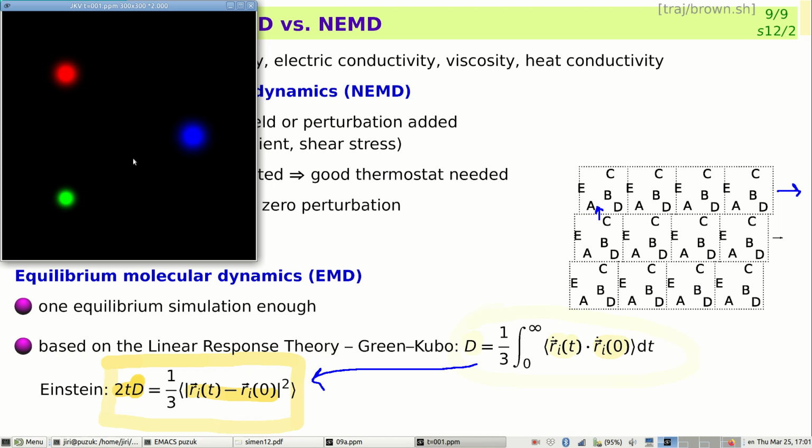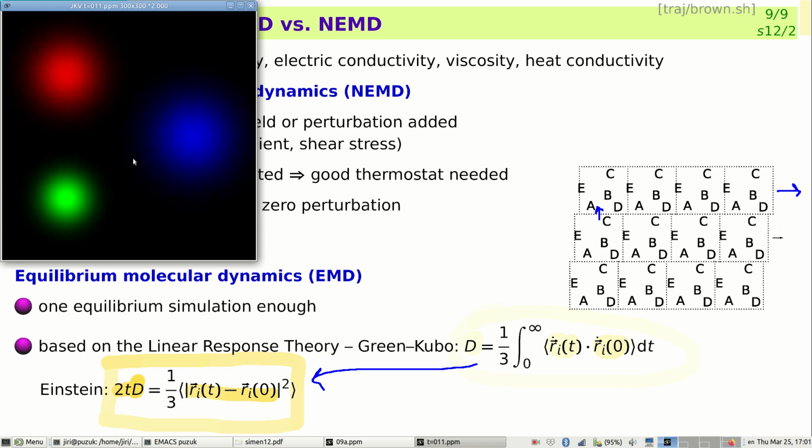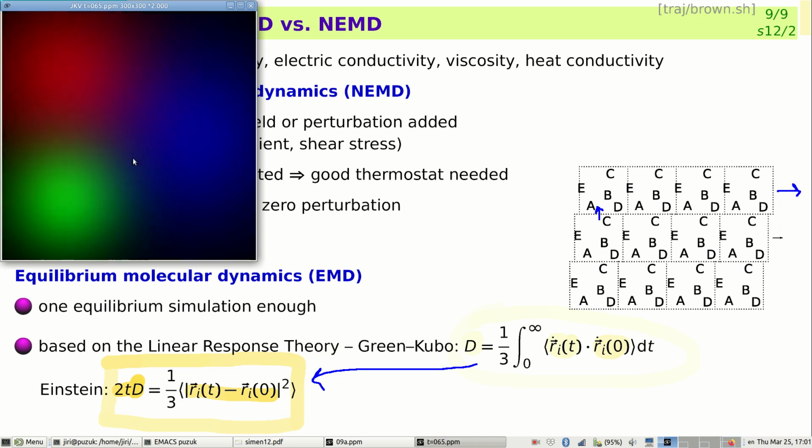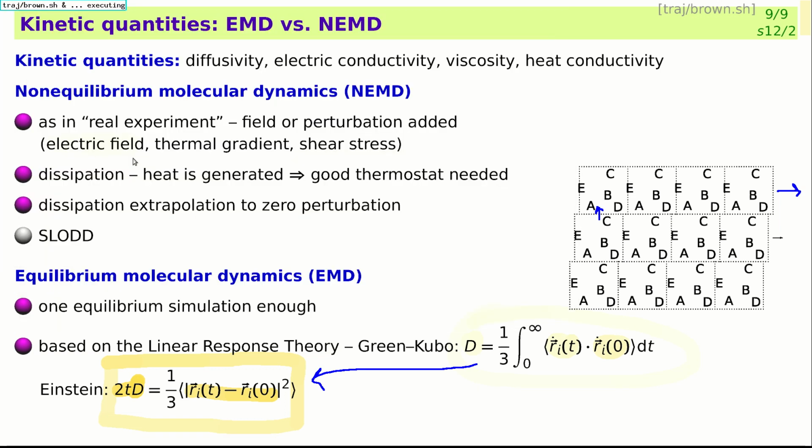Here you can see the diffusivity in an almost real experiment, a simulated real experiment. If I put a dye into the system, it diffuses. I'll skip this.